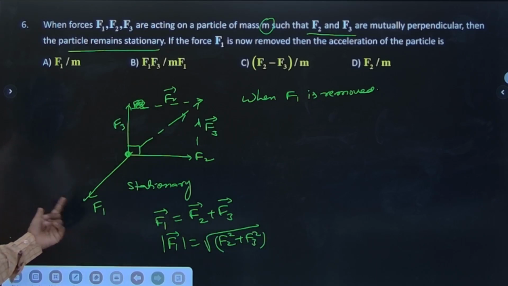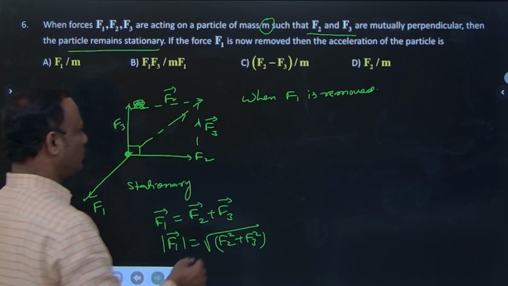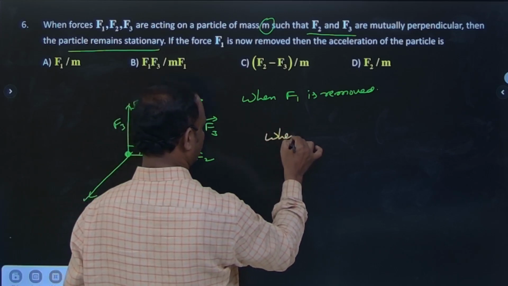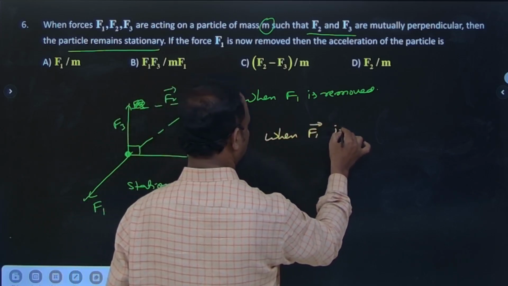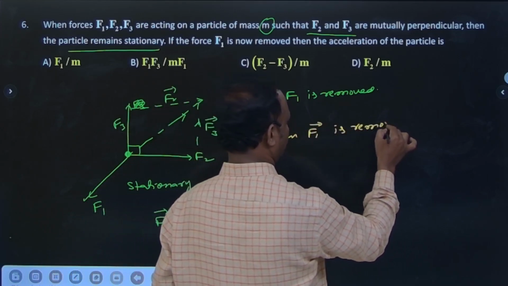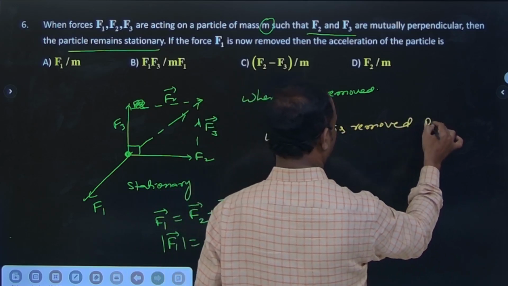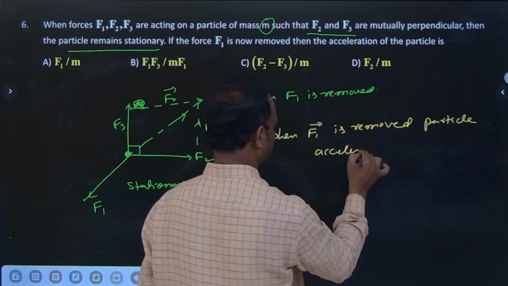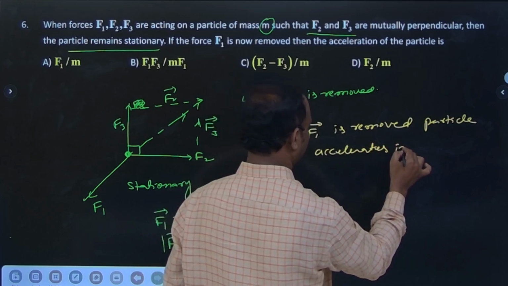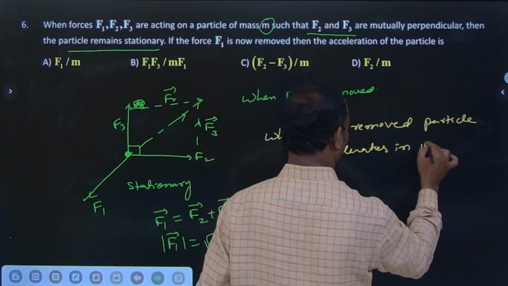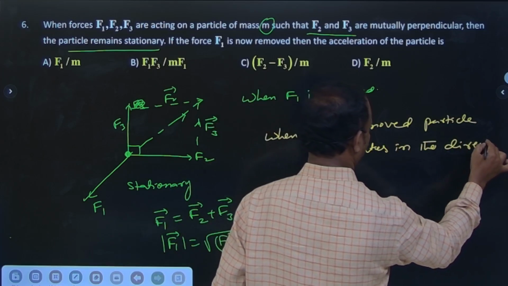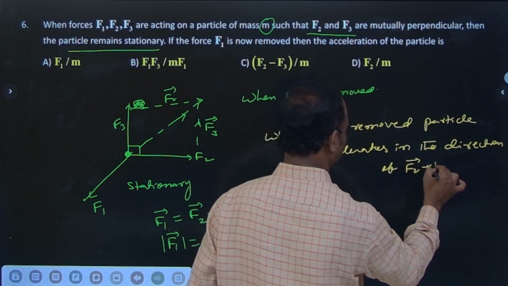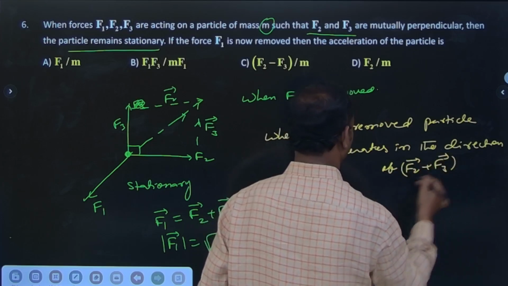So when F1 bar is removed, the particle accelerates in the direction of F2 bar plus F3 bar, the resultant of this.